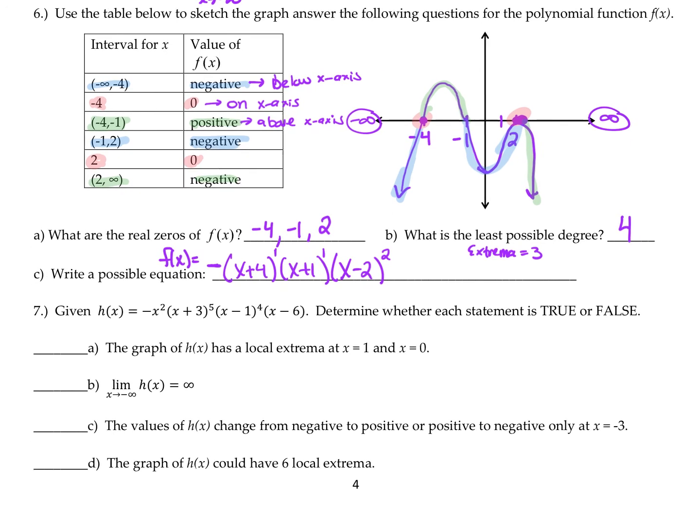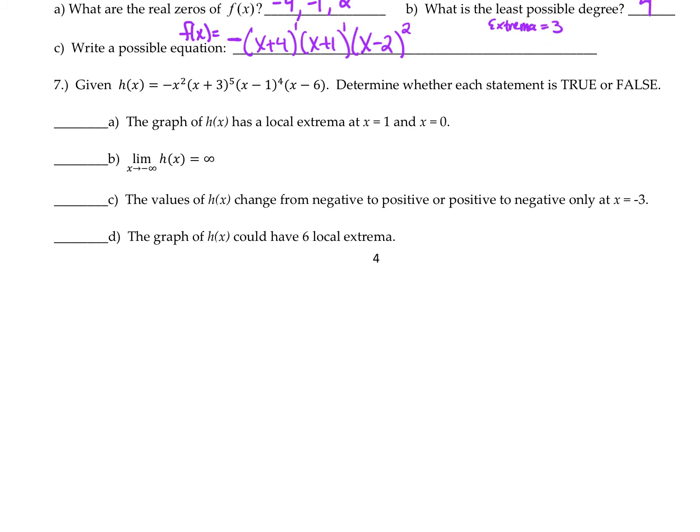All right, given this equation, we're going to answer true or false. It says determine which statement is true or false. The graph of h has a local extrema at 1 and 0. So at 1, it does bounce off 1 because it has even, so that's true. And at 0, it would also bounce off because it's even, so I would say this is true.